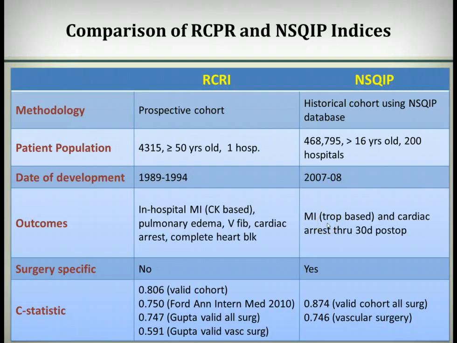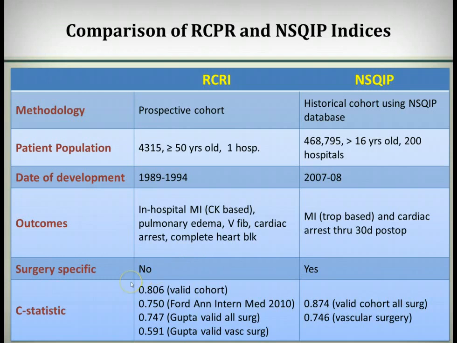Only when patients were suspected of having a myocardial infarction was a troponin measured and an EKG done. It's also useful to note, because this is troponin-based, it's a little bit more sensitive than CK-based measurements. Likely, though, the NSQIP database under-identified myocardial infarctions because many of them are silent. The NSQIP tool is surgery-specific, where the Lee criteria are not.